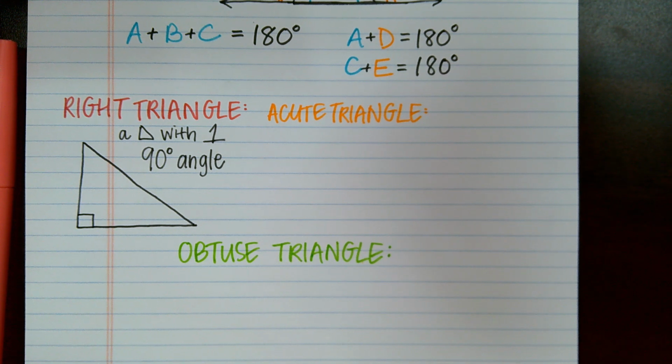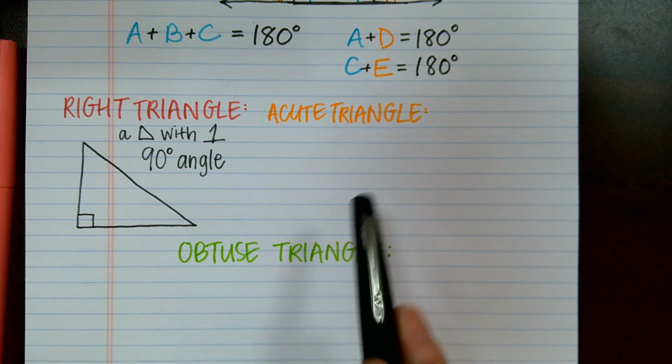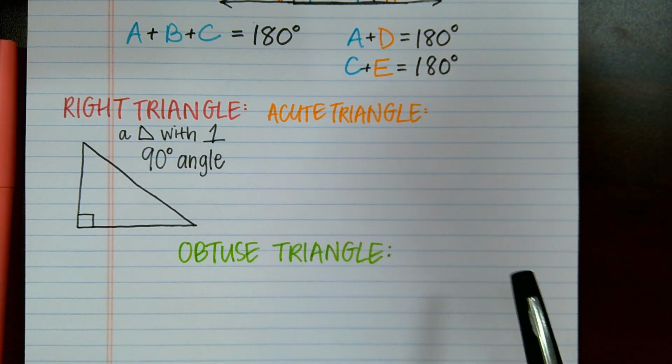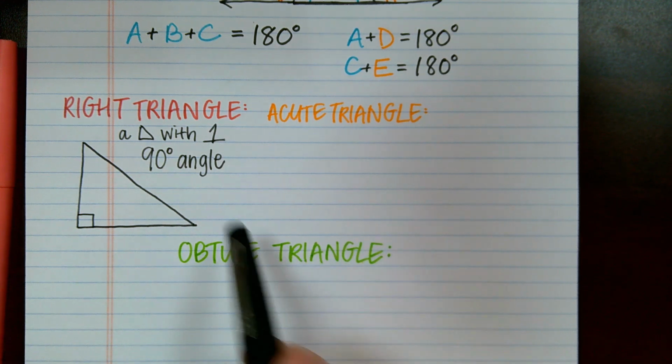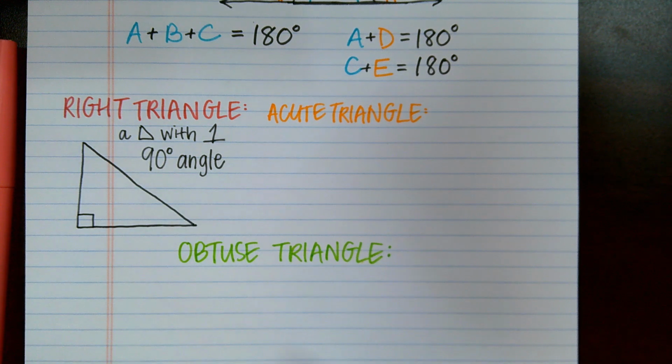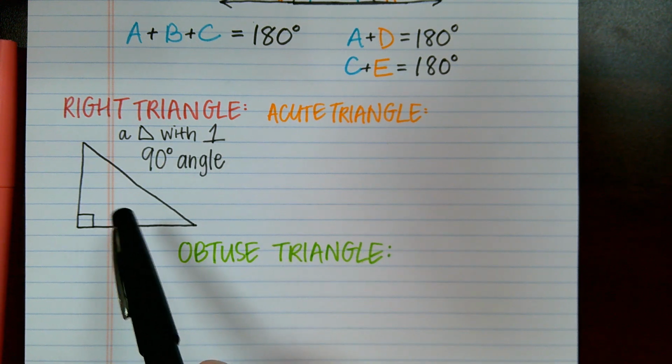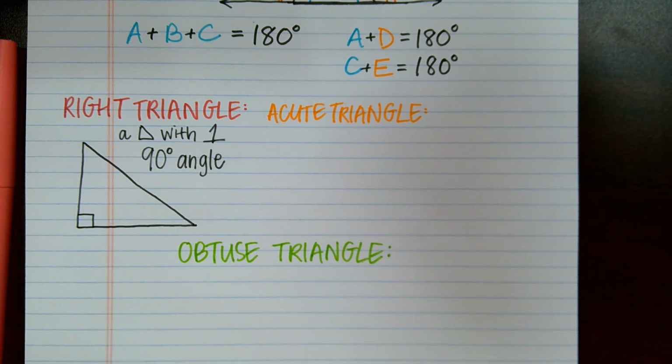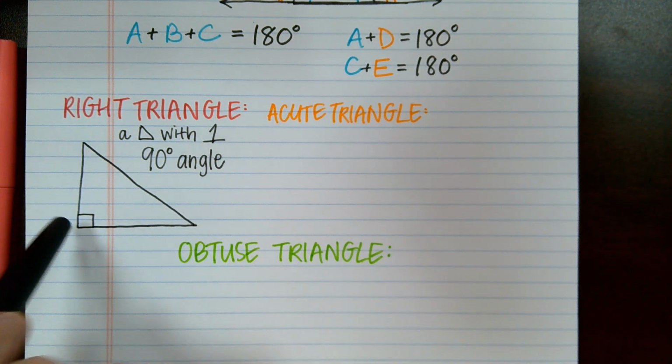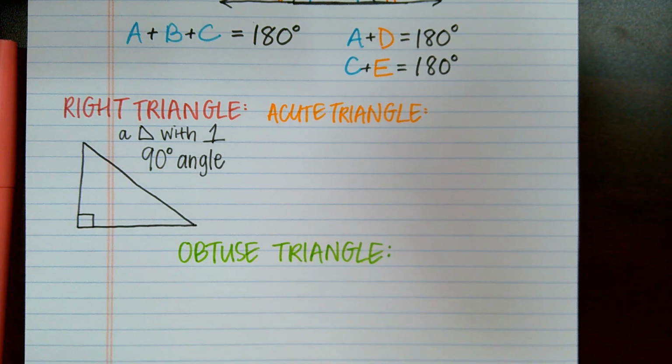Good. Now let me ask you this. You guys remember what acute and obtuse mean? Okay, perfect. So in a right triangle, would it be possible to have a right angle and an obtuse angle?